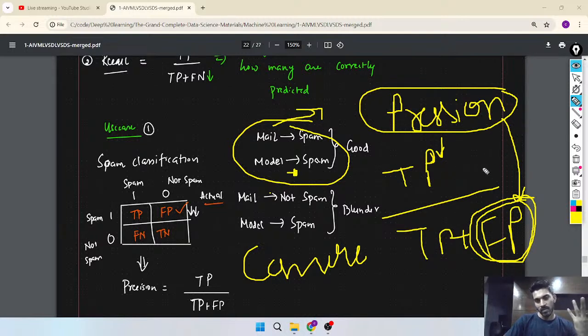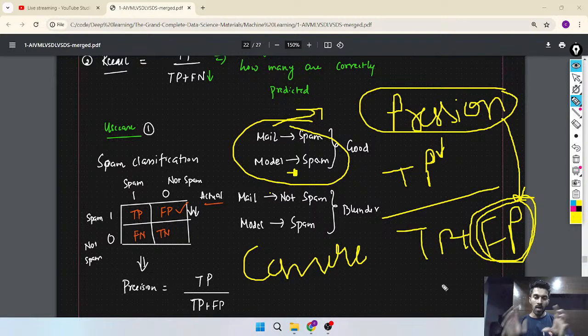But how do I know whether false positive or false negative is important? Everywhere the question comes as a story. Firstly the question arises: which is important, precision or recall? In precision, if the false positive is important, then precision is important. If false negative is important, then recall is important.